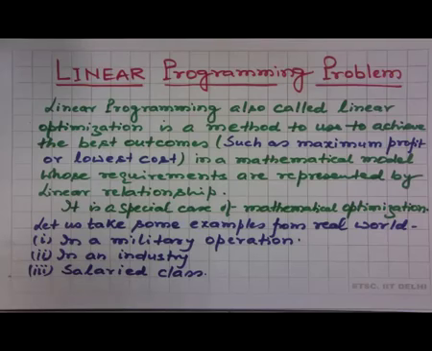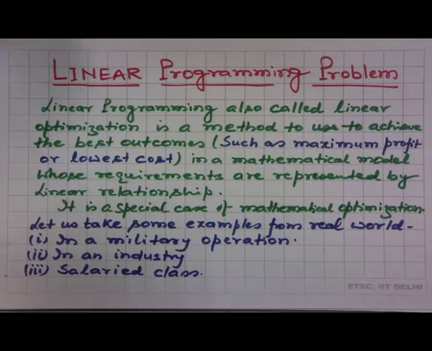We can say linear programming, also called linear optimization, is a method to achieve the best outcomes such as maximum profit or lowest cost. These are examples in a mathematical model whose requirements are represented by linear relationship. It is a special case of mathematical optimization.